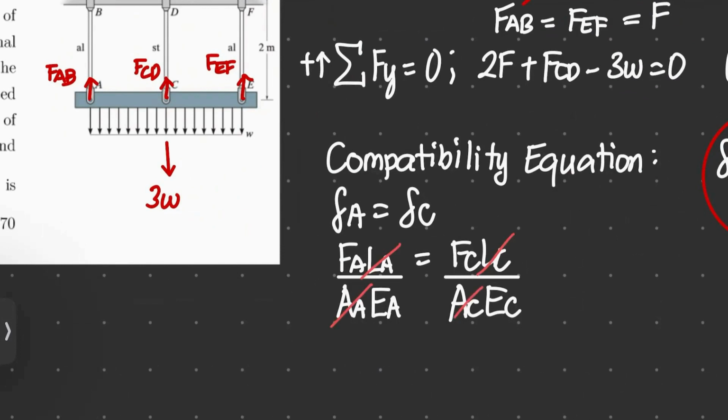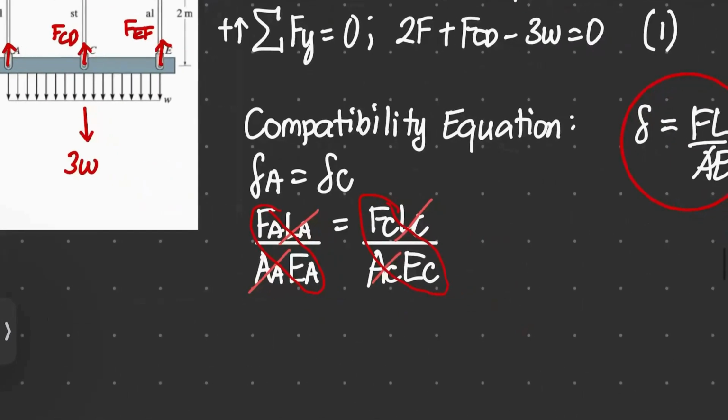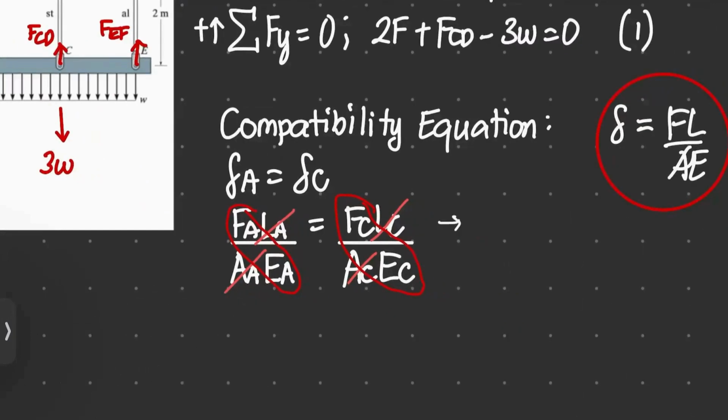Then we could focus on this relation. So F of A is just F.